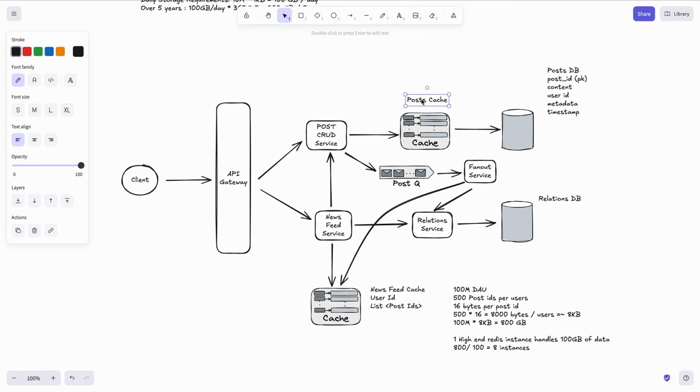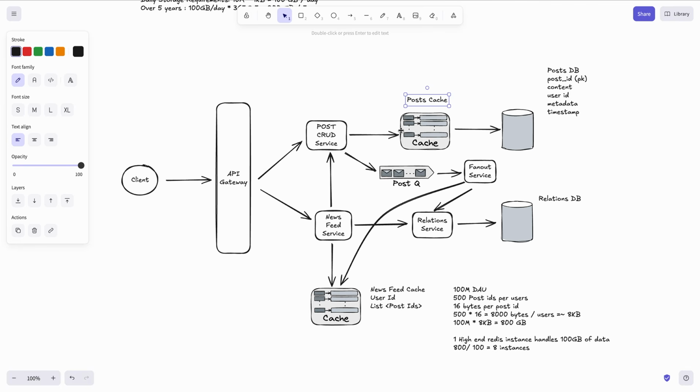And here is how it will work. When the newsfeed service gets a list of post IDs, it doesn't go straight to the database. Instead, it would first check with the cache via our post service for the full post objects. Since most of the posts people see are recent, the chances are very high that the content is available in this cache.